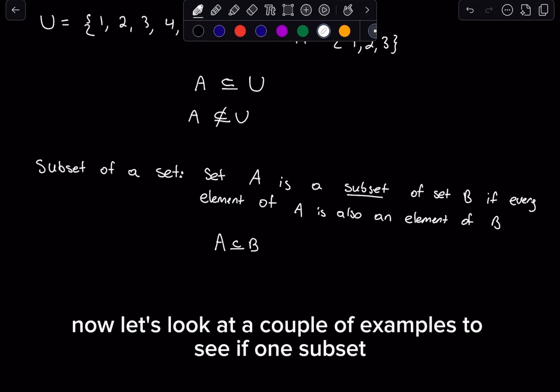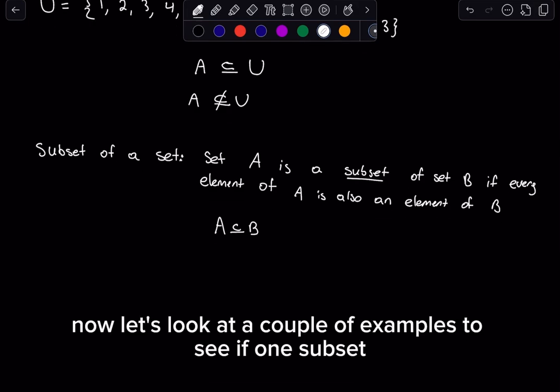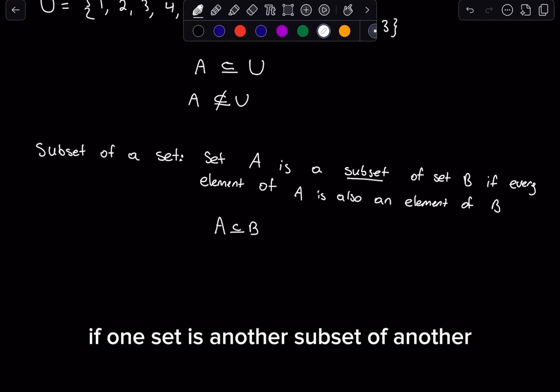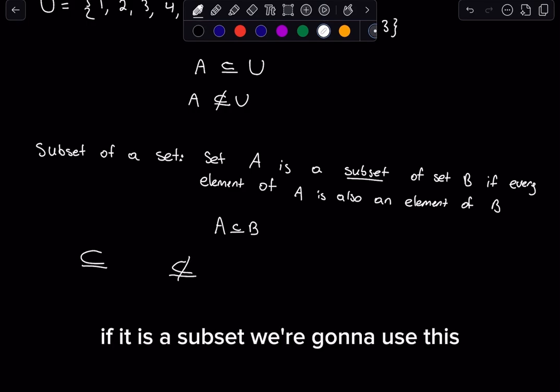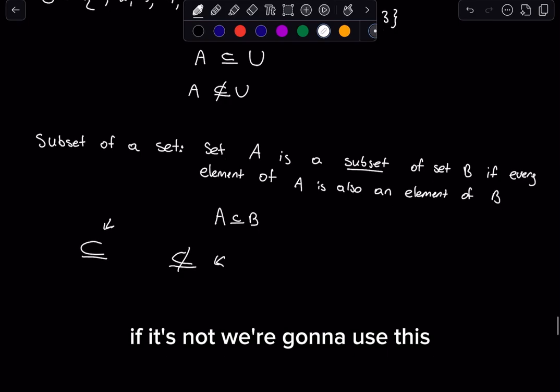Now let's look at a couple of examples to see if one set is a subset of another. So these are the two symbols that we're going to be using. If it is a subset, we're going to use this. If it's not, we're going to use this.